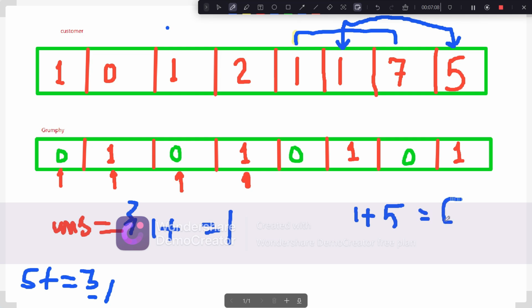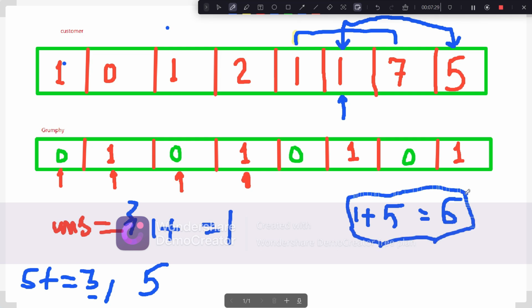So 6 is the maximum so far, which is starting at this index. So we have to replace this as well. So this is 0, 1, 2, 3, 4 and 5. So our new start is basically 5. And this is also giving us the maximum value of unsatisfied people in that window, so 6. So basically we have to put our window's secret in this range.